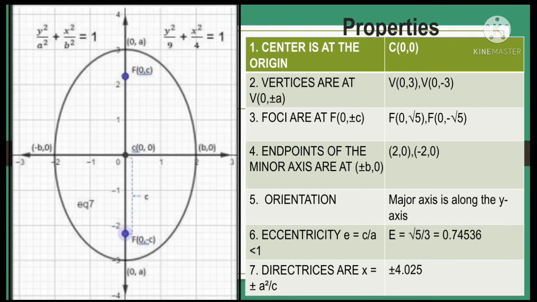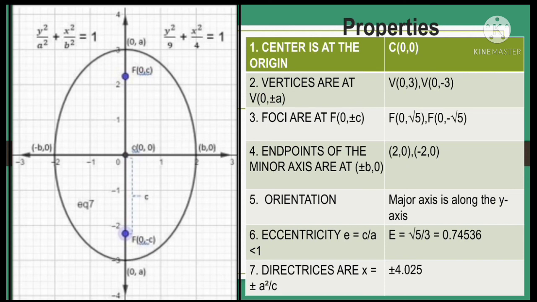The properties are: the center is at the origin, (0, 0). The vertices are at (0, ±a), which are (0, 3) and (0, -3). So the values of a and c are on the y side if we plot the points, and the x side would be equal to 0.